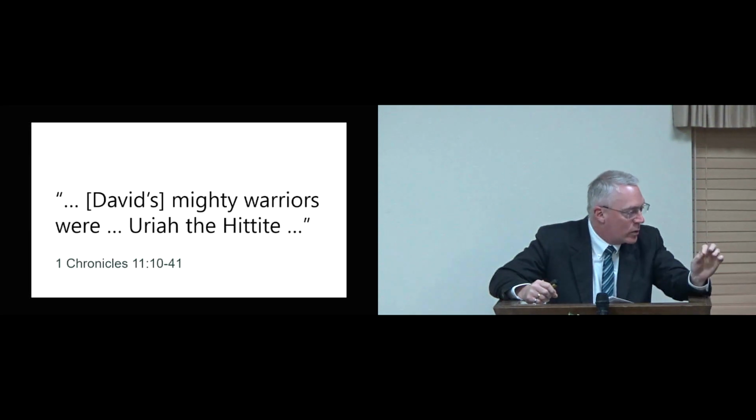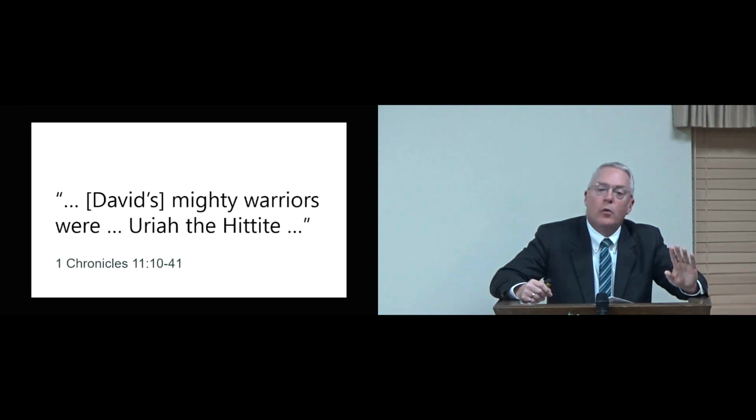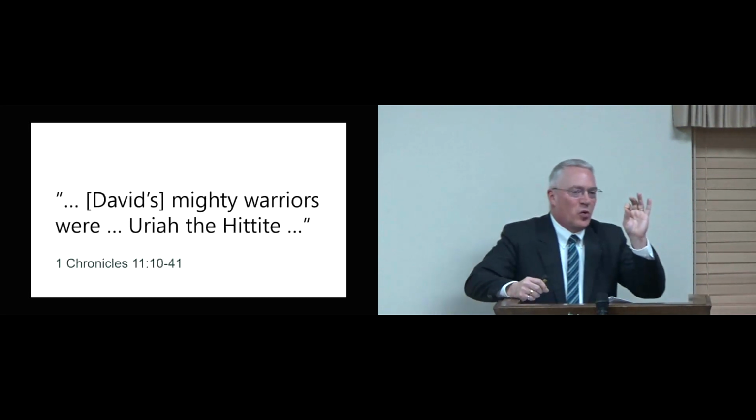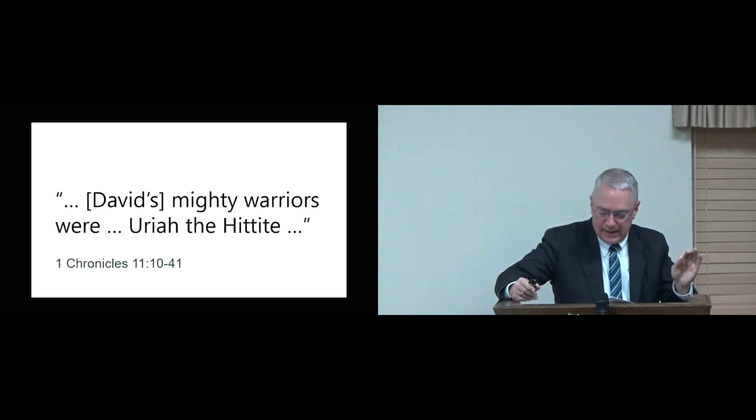Uriah the Hittite was one of them. This wasn't just some dude down the street. Wouldn't have excused it anyway. But the point is that this was one of David's right-hand guys, basically.